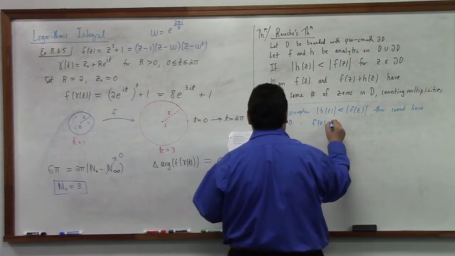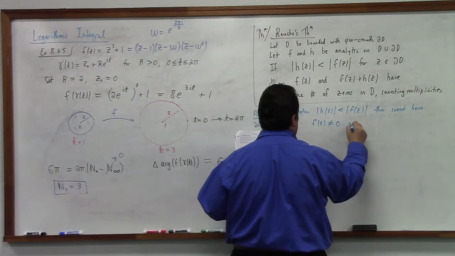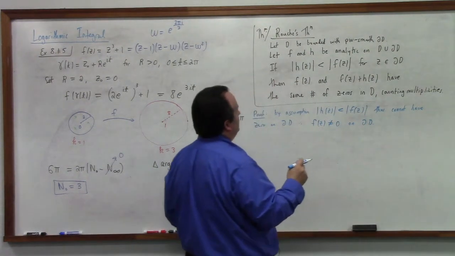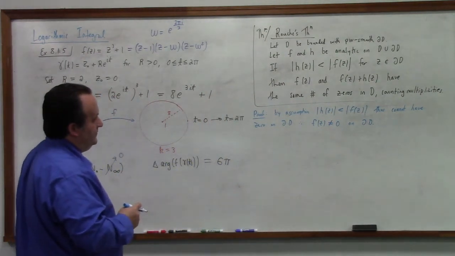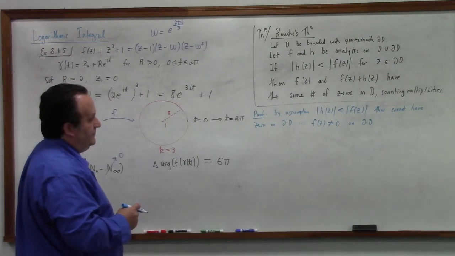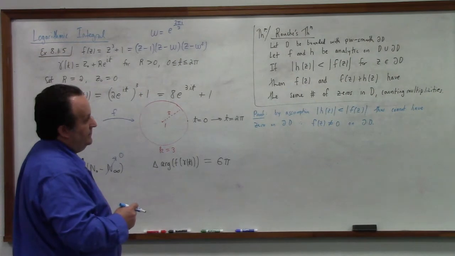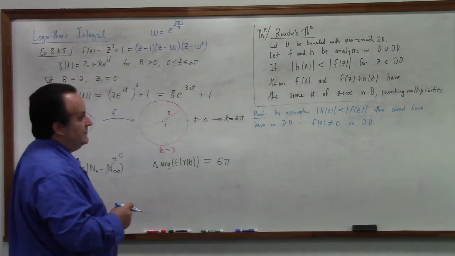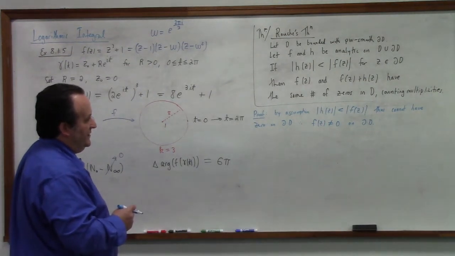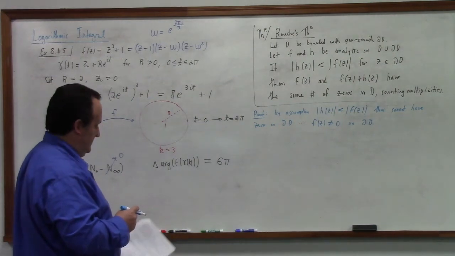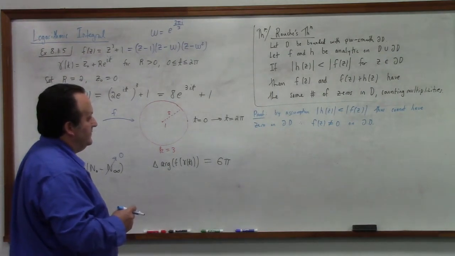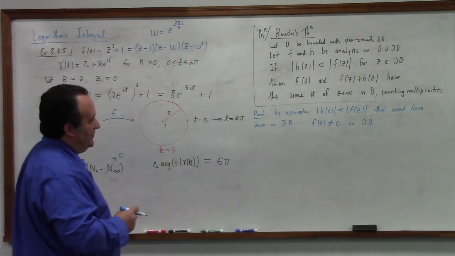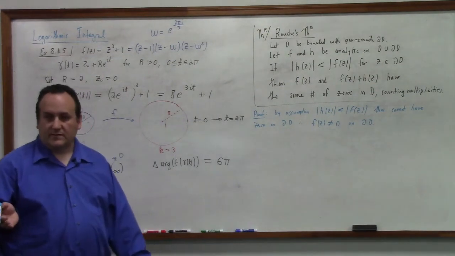F of z is not equal to 0 on the boundary of D. Does that make sense with the given data to you guys? Remember that the modulus of h of z can't be negative, right? So if you had f of z equal to 0, it's impossible, right? See that?